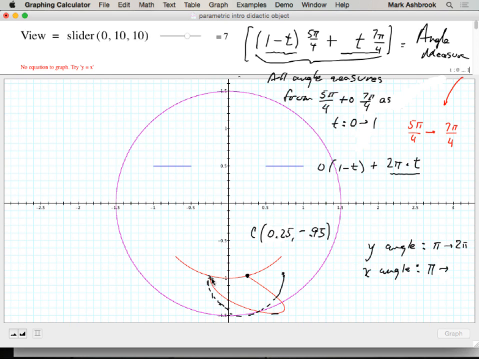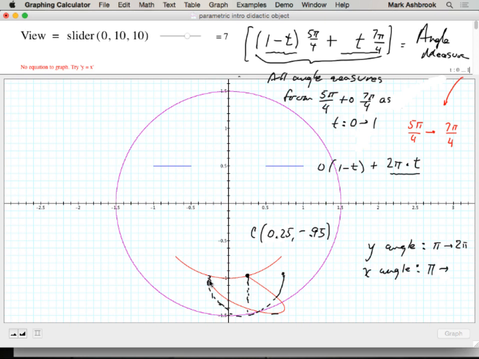Do you see that x goes, does it make it to 2 pi? Yeah. And then how far past does it go? You know exactly how far past it goes. It makes it back to the center. So y's journey is down to the bottom and back up. That's pi to 2 pi.